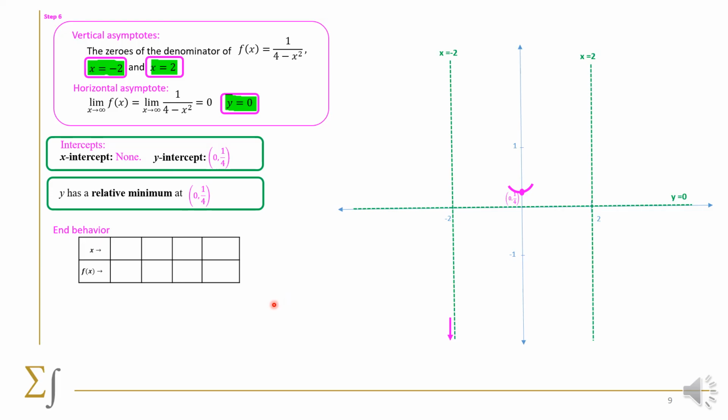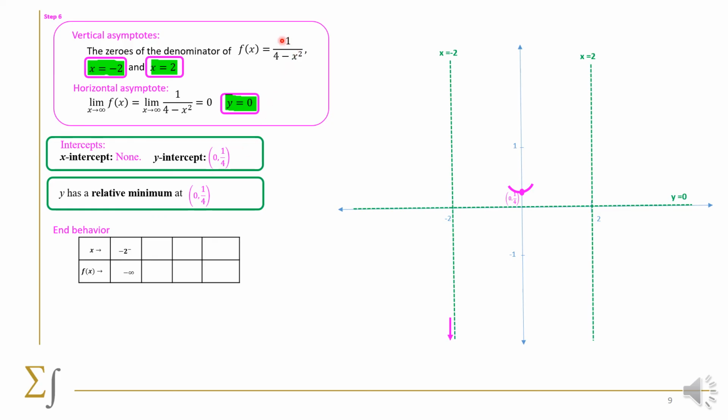So we take x goes to -2 from the left and -2 from the right, and we see where f will go. If we try to take something very close to -2 from the left and plug it in here, say -2.1, we will get something negative, and the denominator keeps getting smaller and smaller as we get closer and closer to -2.